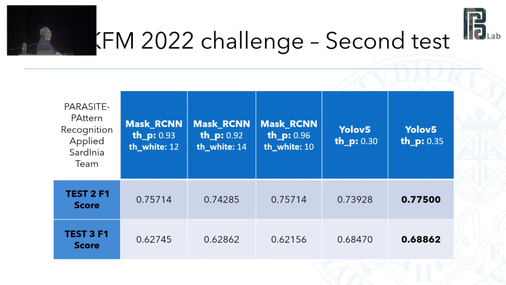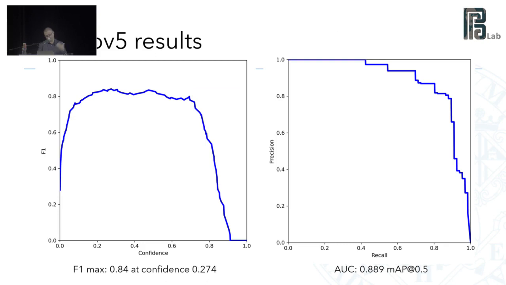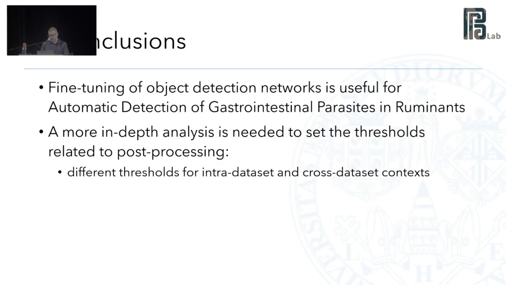The last model is YOLOv5, but most of the merit in this recognition rate was due to the post-processing phase. Okay. F1 scores over the confidence and the precision-recall curve are very good considering that this was our first experience in this task.